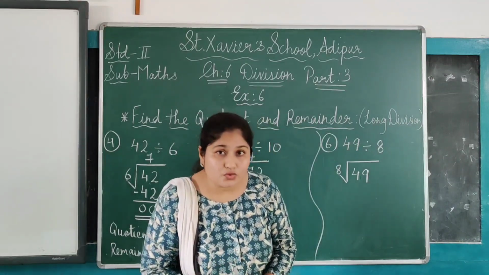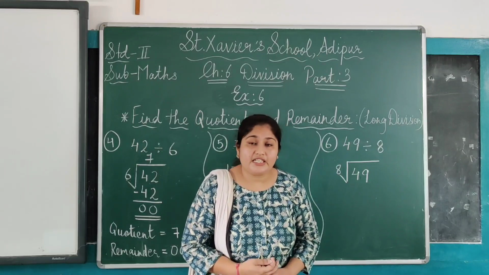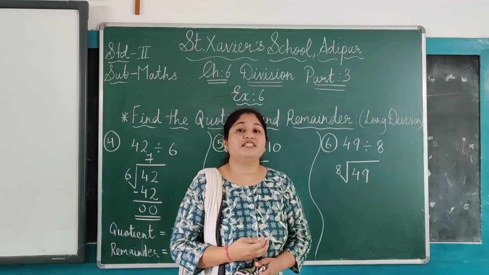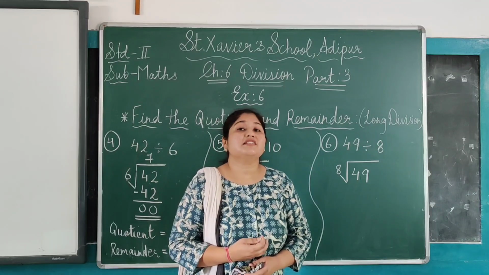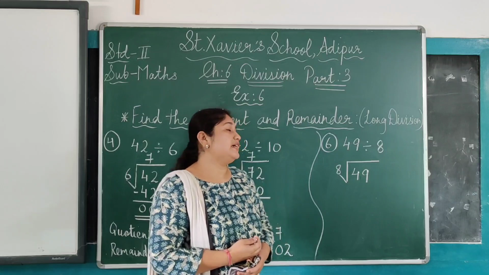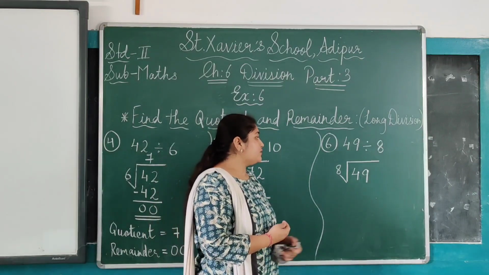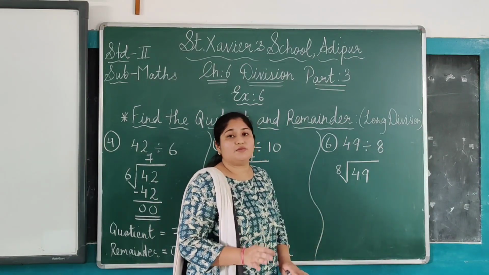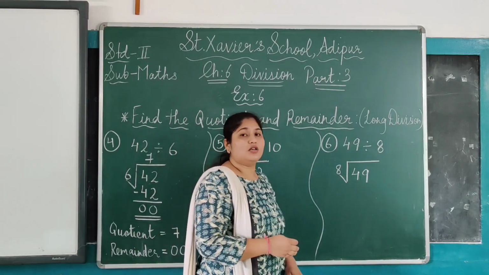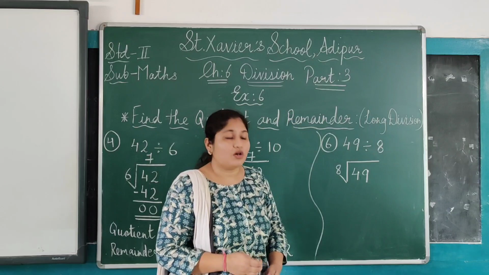8 4s are 32, 8 5s are 40, 8 6s are 48, 8 7s are 56, 8 8s are 64, 8 9s are 72, 8 10s are 80. Okay, so this 49 is not coming in the table of 8. So we will take the smaller number.